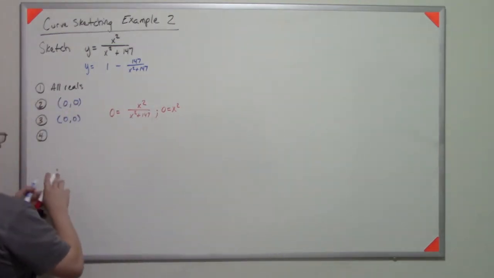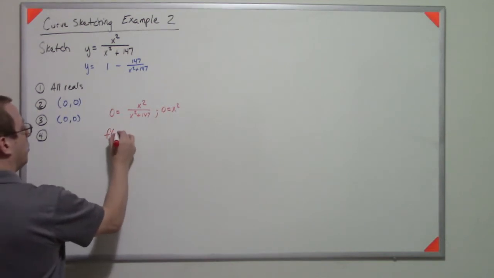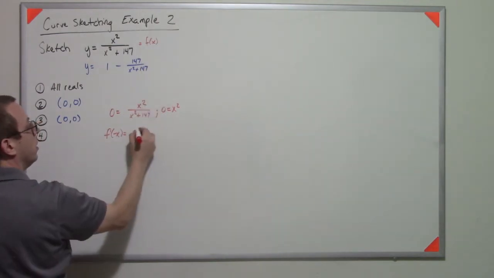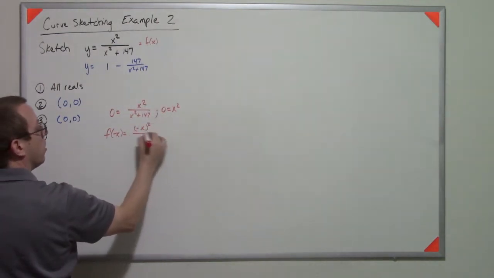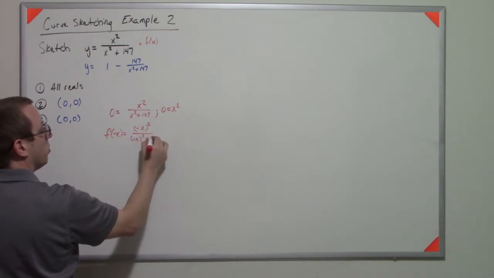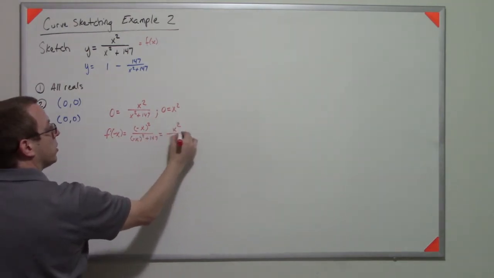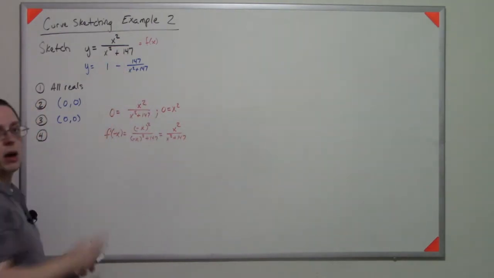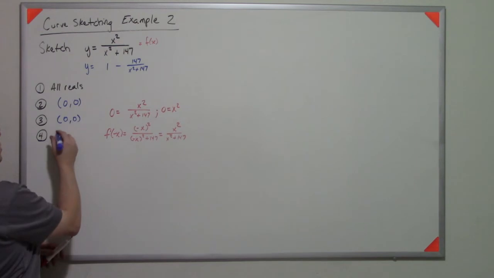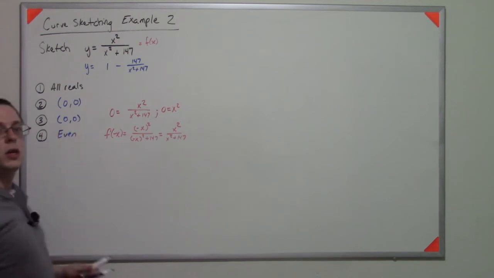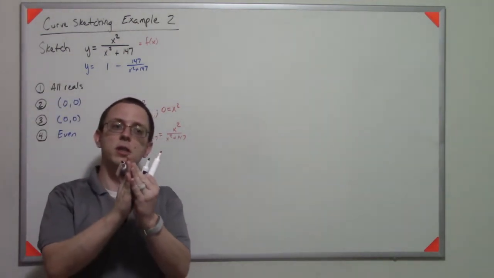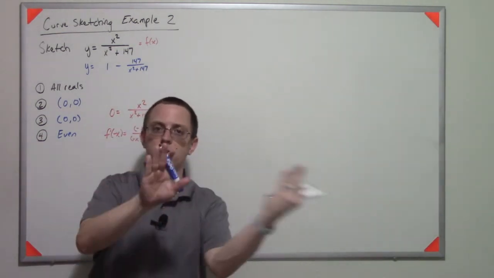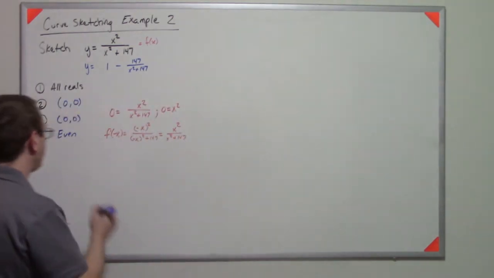So f of negative x is negative x squared over negative x squared plus 147, which is x squared over x squared plus 147. Well, that is my original function, so this function is even. What that tells me is I only have to consider the right-hand side. Once I graph the right-hand side, I just reflect it over the y-axis for the left-hand side.